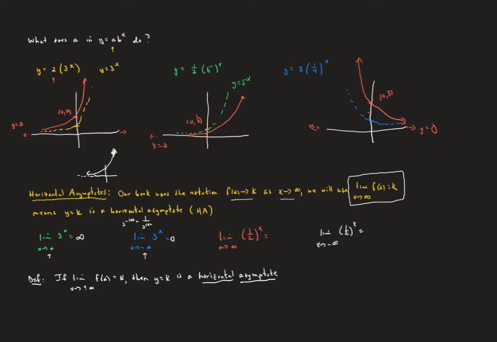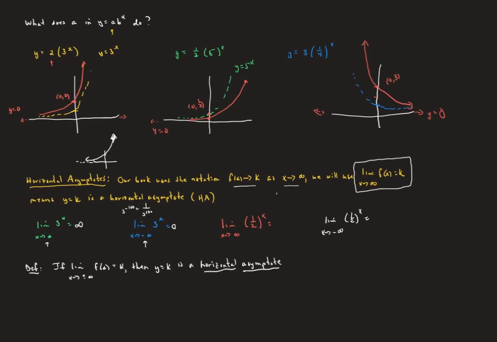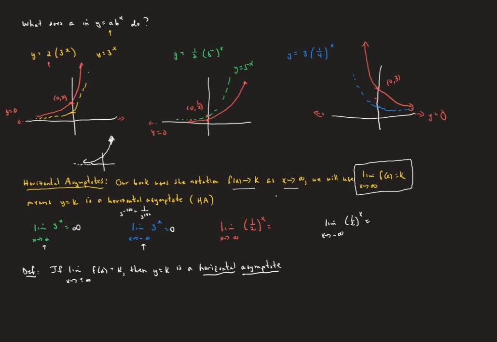In a similar fashion, remember that 1/2 to the x is going to be this decay function. It's going to fall from left to right. So in this example, when x gets really, really big, when you take 1/2 raised to a really big number, every time you multiply by a half, the value gets smaller.